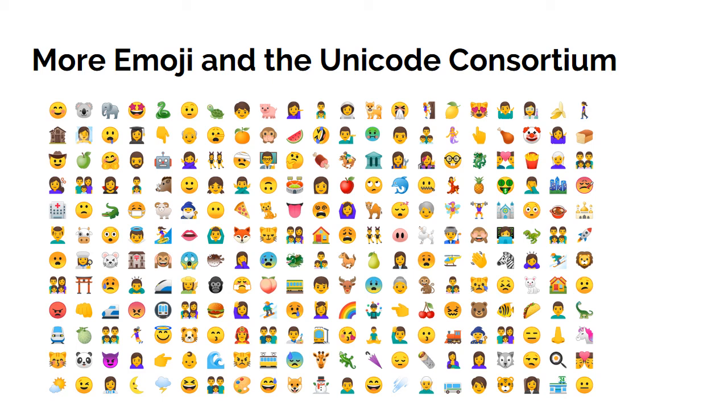The Unicode Consortium is a governing body that tries to determine what are the symbols that can be used to communicate not only emoji, but also any kind of grapheme, anything that can be typed on a computer or a phone or something else. So we talked a while back about the Deseret alphabet. Somebody petitioned the Unicode Consortium to add the Deseret alphabet to the Unicode system. And every time someone wants to propose a new emoji, it needs to be approved by the Unicode Consortium.